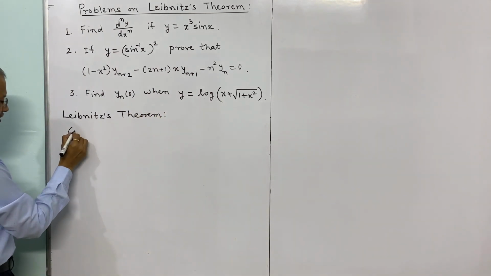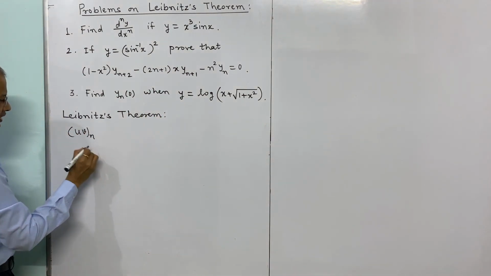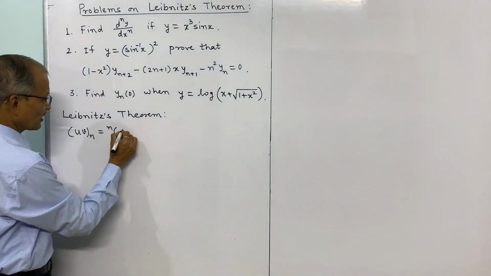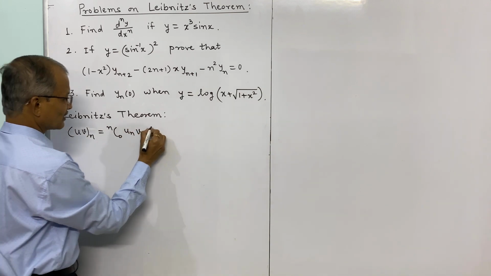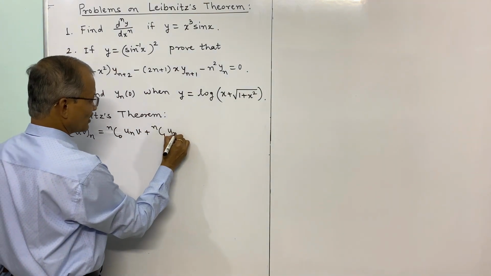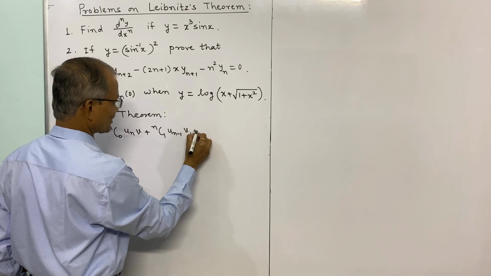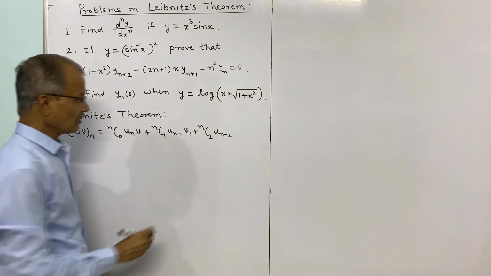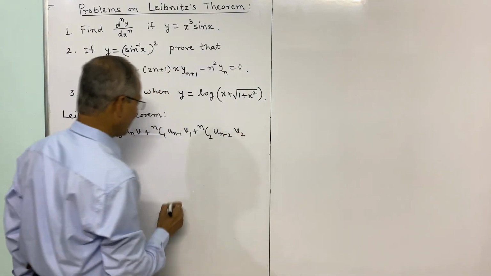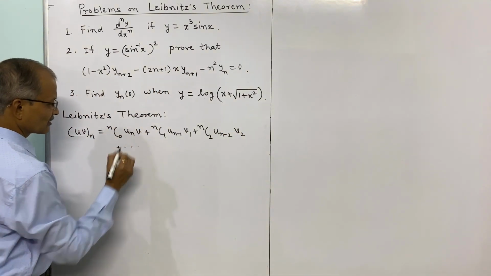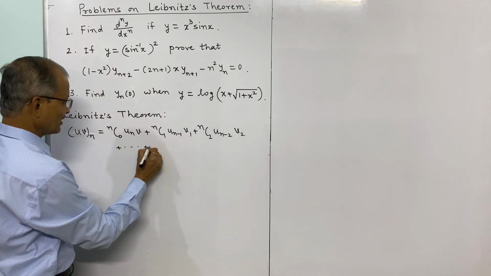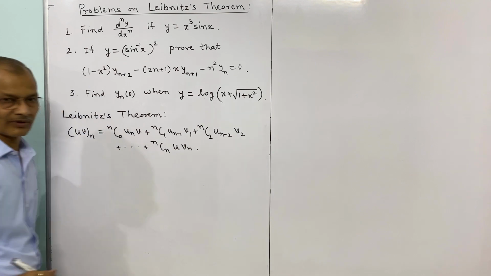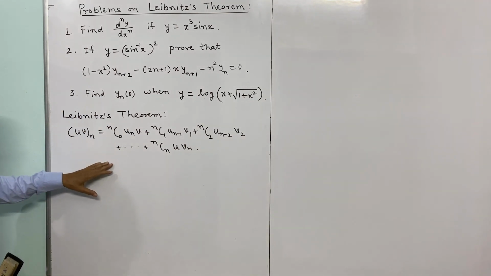It is nth derivative of u into v, and this is equal to n choose 0 u_n into v plus n choose 1 u_(n-1) v_1 plus n choose 2 u_(n-2), the second derivative of v, and so on, and last will be n choose n u as it is, nth derivative of v. So this is the statement of Leibniz theorem.